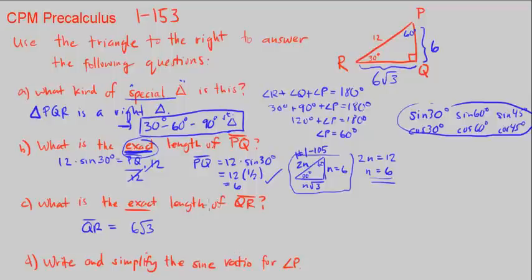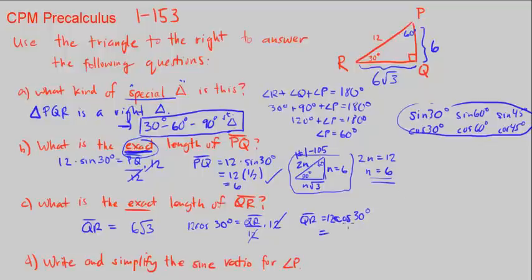Is there any other way we could do it? Yes, we could use cosine of 30 degrees is equal to adjacent, which is QR, over 12. Then we multiply by 12 on both sides, and QR is equal to 12 times cosine of 30 degrees.